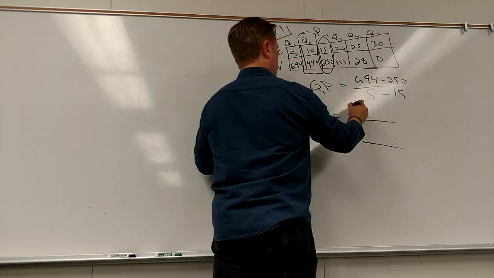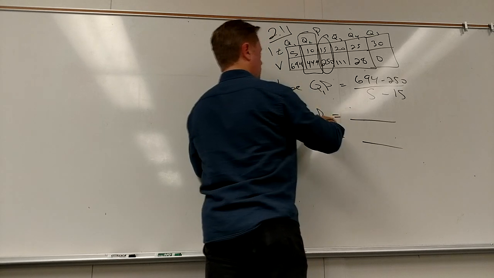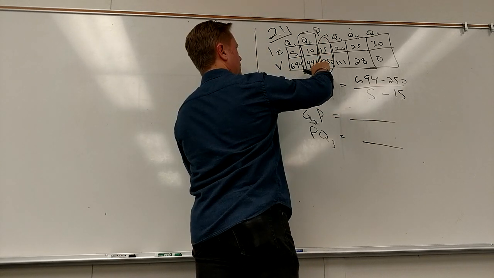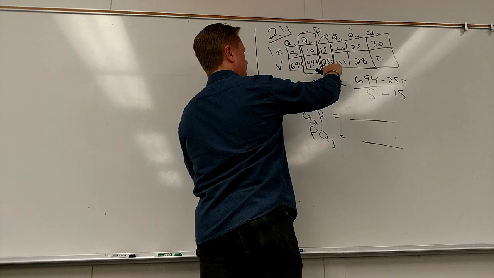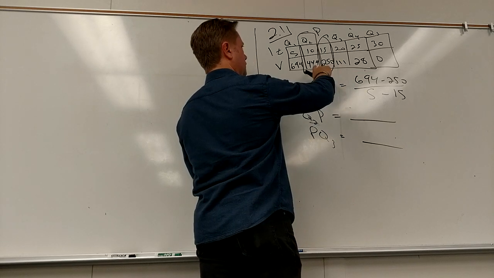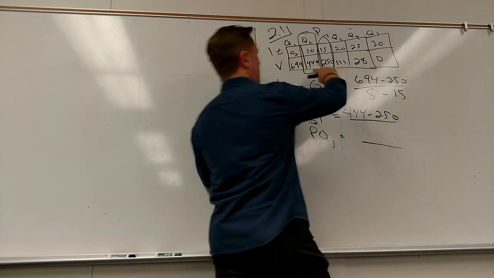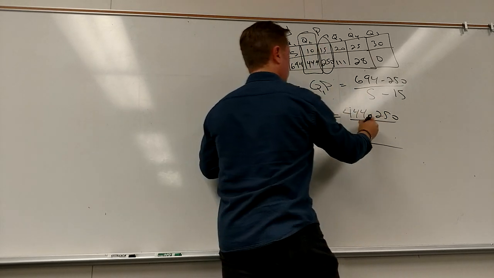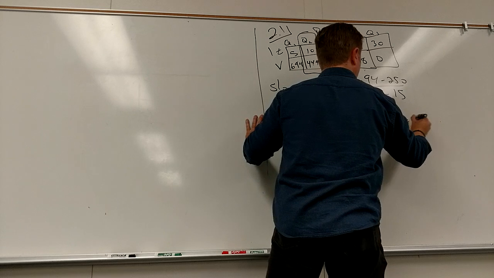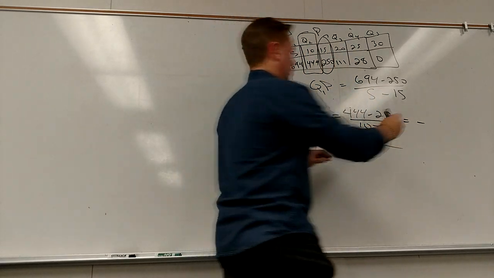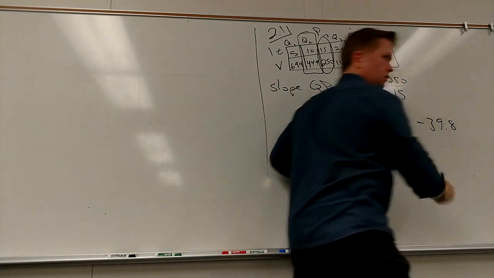So this would be what over what, for Q2P? Just the slope, yeah. Negative 39. Oh, I'm sorry, let me catch up to you. 444 minus 250, right? Divided by 10 minus 15, so you get negative what? 39.8? Is that what you guys got?